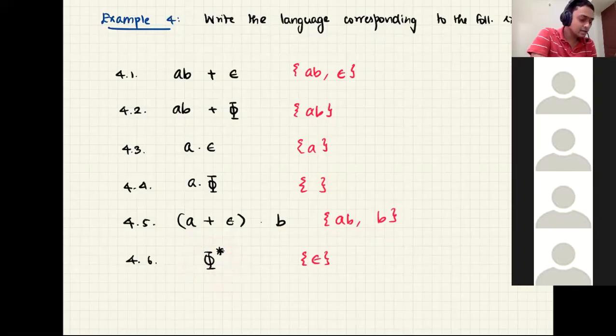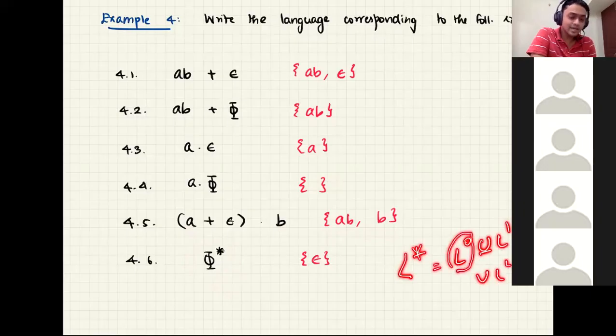See, any language star is L power 0 union L power 1 union L power 2 and so on, right? What is L power 0? You don't take any string in the language. You take no strings in the language, and this gives me epsilon. It's the string of length 0.